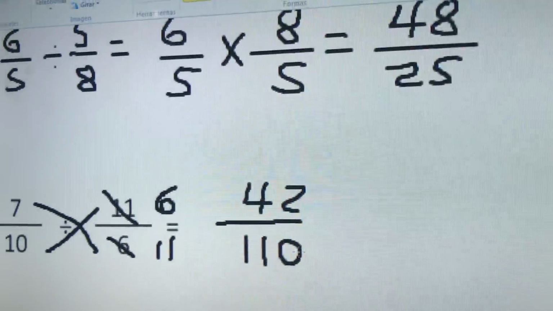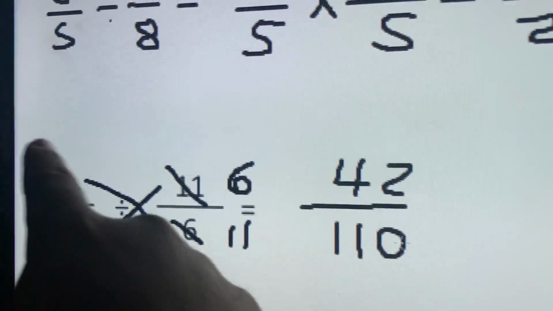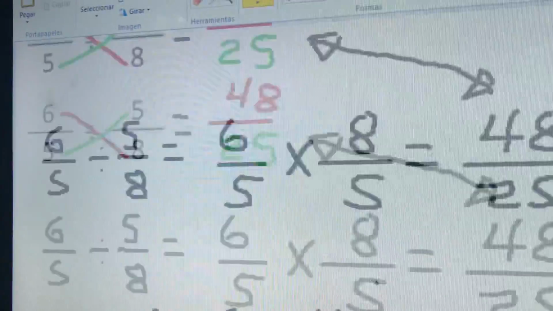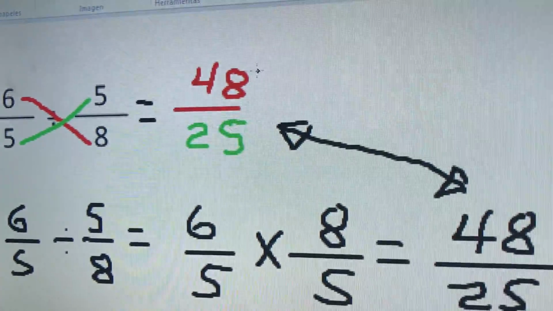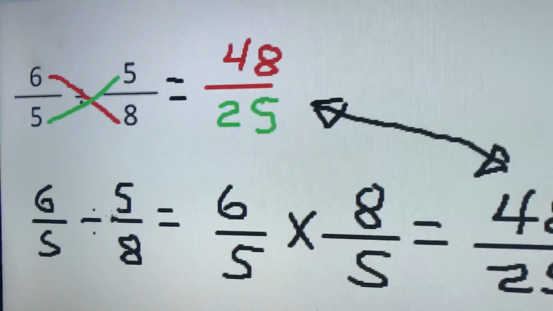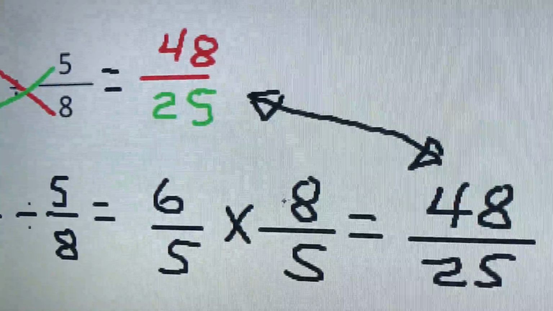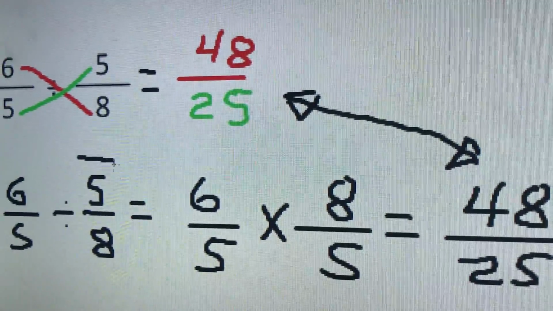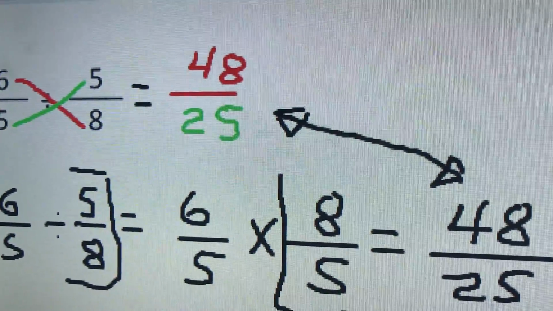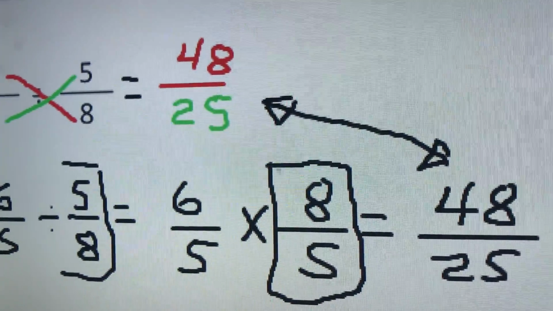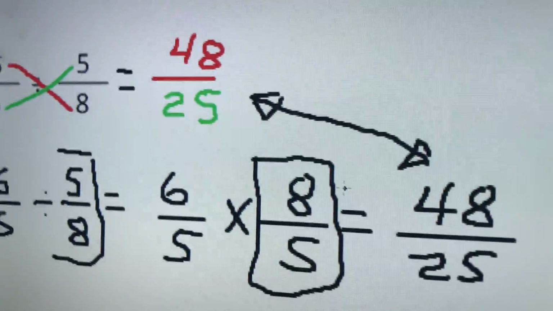All you have to do is either flip them or do the X. You do the X like this, it gives you this number, right? Or you do it like this, in which you just flip the number. And you're gonna multiply the same numbers, and that's it.